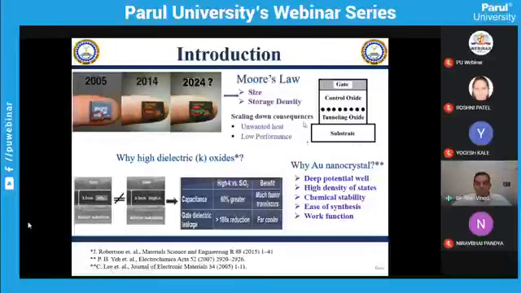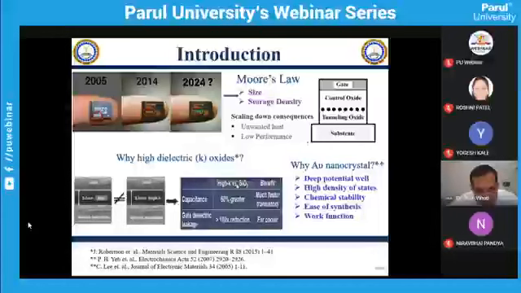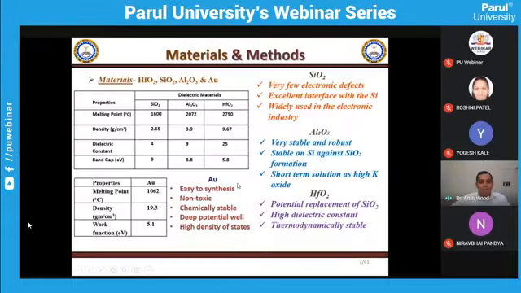And so one of the solutions to have size decreased and performance increased is high dielectric oxide layers, with capacitors which have different high dielectric oxide layers.